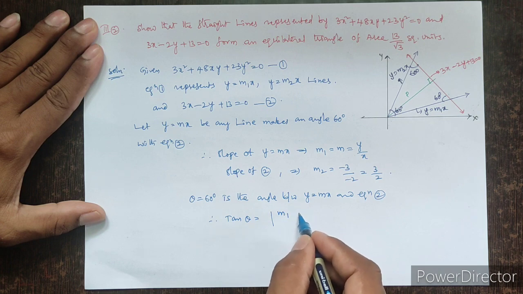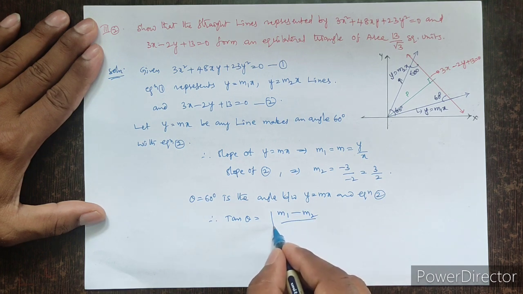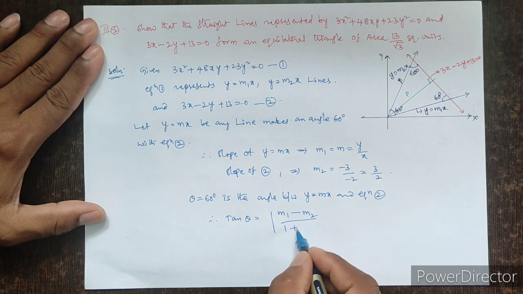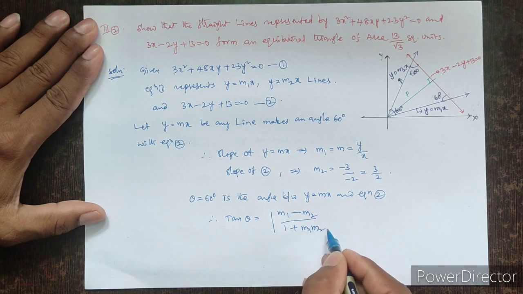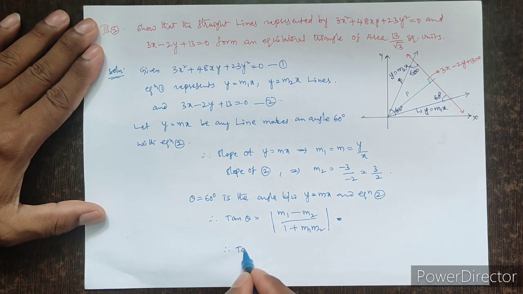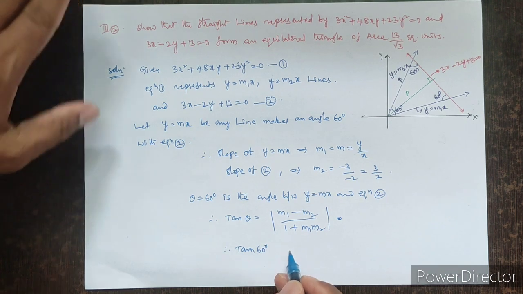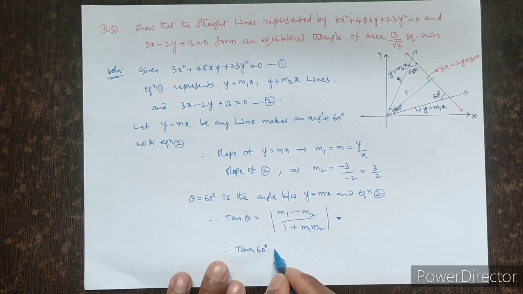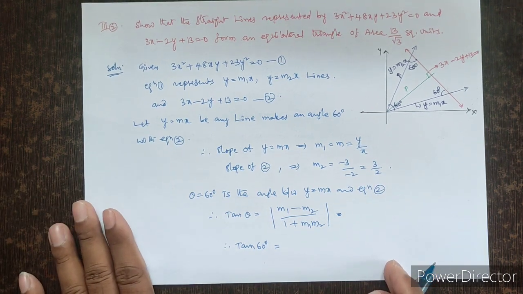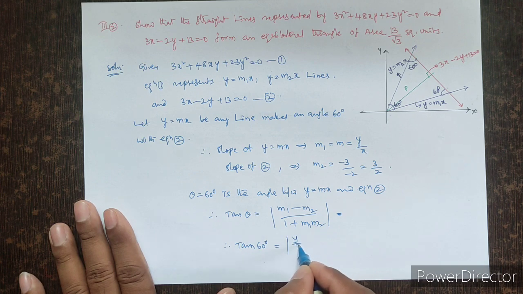Tan theta, the angle between two lines with slopes, equal to modulus of m1 minus m2 by 1 plus m1 m2. Here theta is what we are assuming, 60 degrees. Tan 60 degrees equal to, what is m1? y by x. What is m2? 3 by 2.